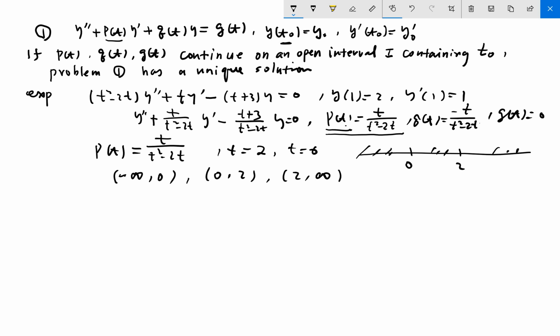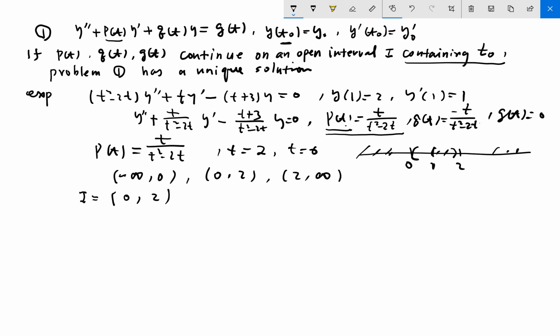G of t is 0, so it's continuous everywhere. Therefore, for the longest interval we're looking for, you have 3 intervals, and we want the one containing t0. Our t0 here is 1, so 1 is here. So our answer is 0 to 2.